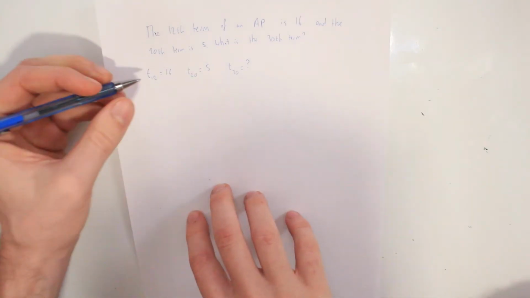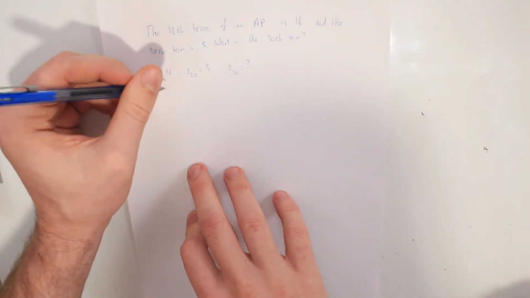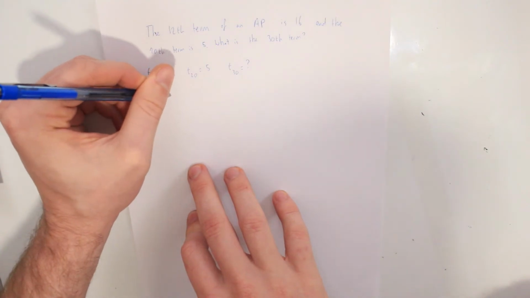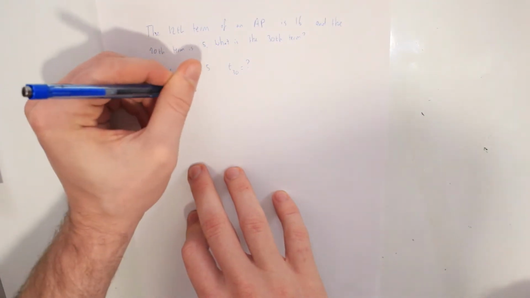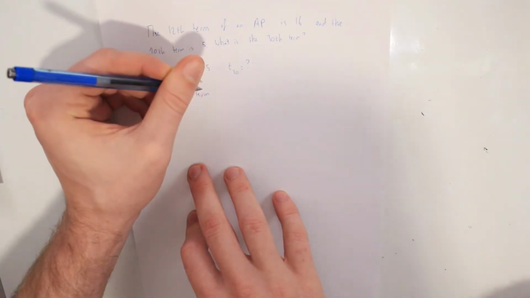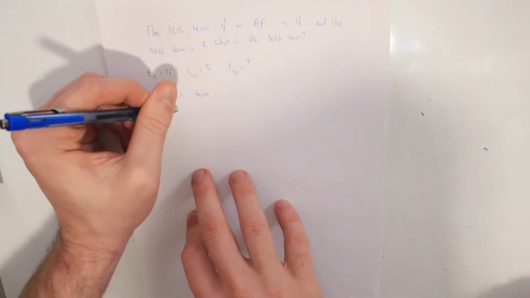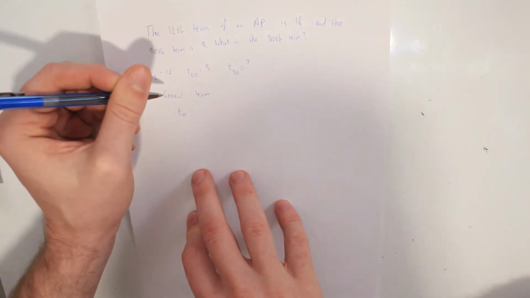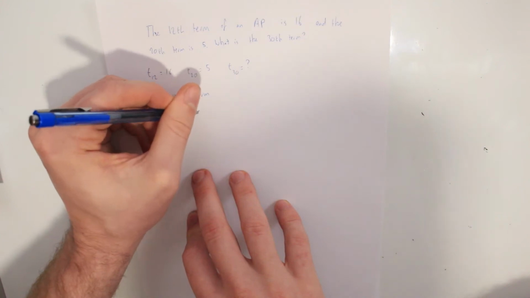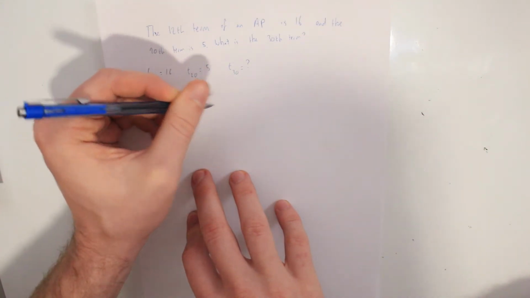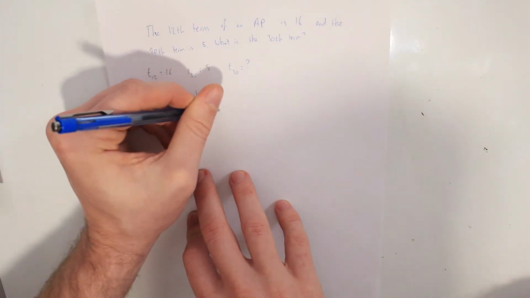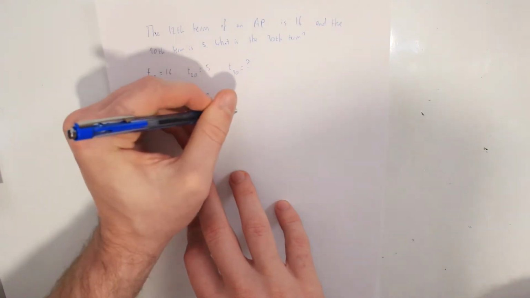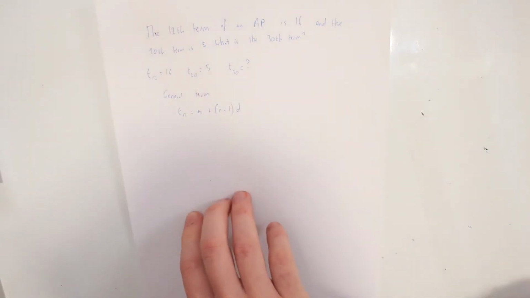Okay, so let's write our general term. Our general term is Tn equals A, our first term, plus n minus 1 all times d.